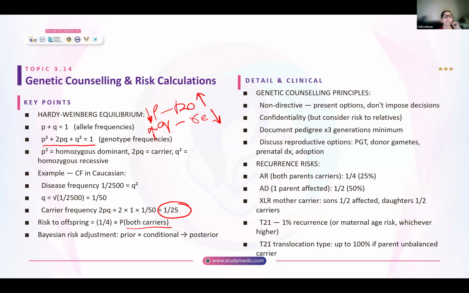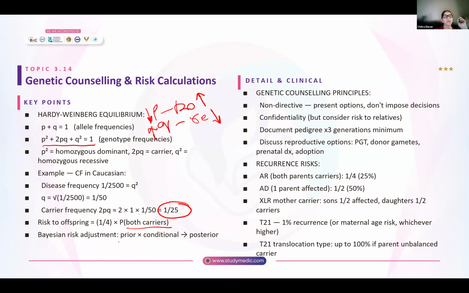Now this Bayesian risk adjustment is a statistical thing. You need not know it in detail, but to calculate the risk or frequency in a general population, you will have to know the basic rate or the prior rate of any disease in a given population, and how much is the conditional influence, that means outside influence that is affecting this disease.